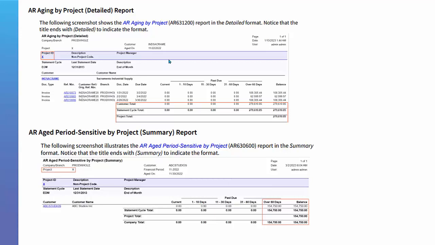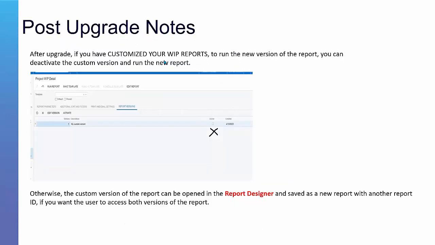Now, because the reports, for example, for the WIP reports are utilizing the same screen number to be able to run the new out-of-the-box report, you're going to come to your project WIP detail report, and you're going to want to make sure here on the report versions screen, you will need to uncheck any custom report that you have to be able to run the new out-of-the-box report.